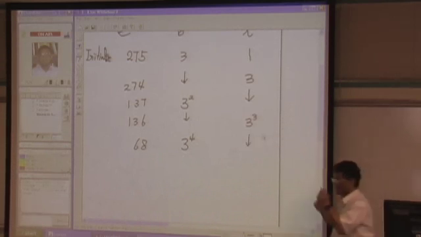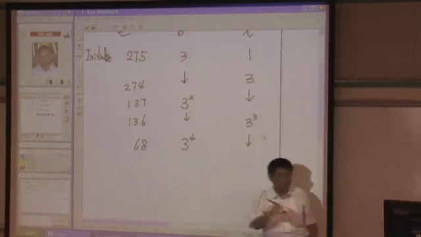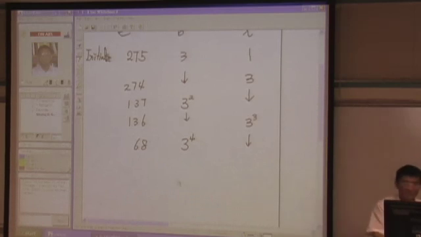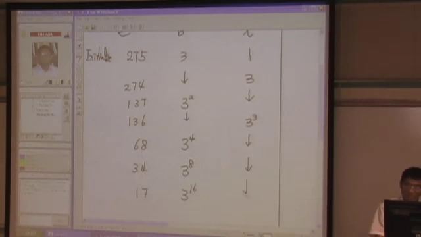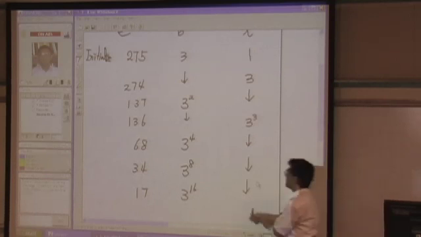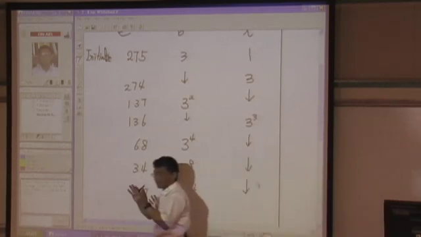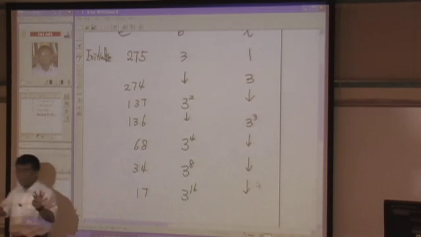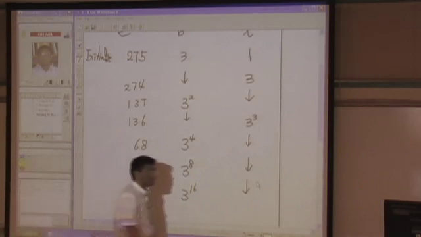So each time there is an arrow keeping the previous number. And then because this is even, I should square it. Right? I should square it. And then I should reduce this number. Because this is even, I should square it. And then this is 17. And then I should still keep it. In fact, you don't need arrows. But to explain the idea, I'm just adding arrows.